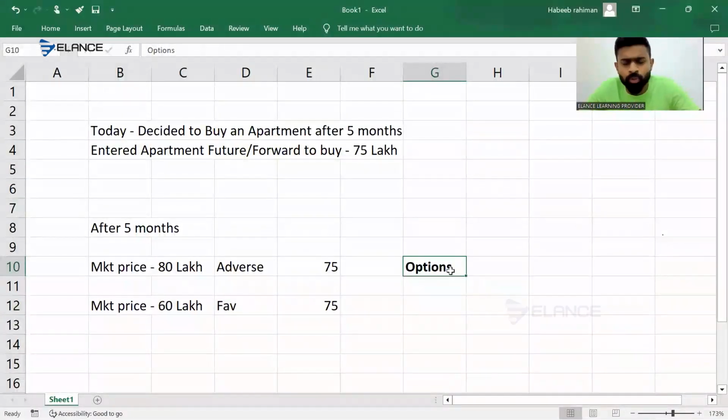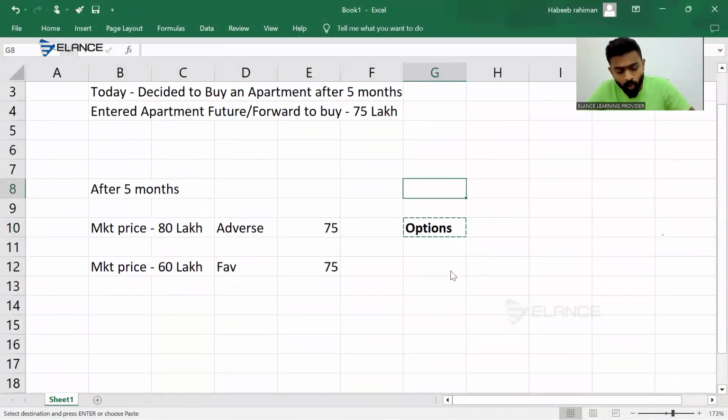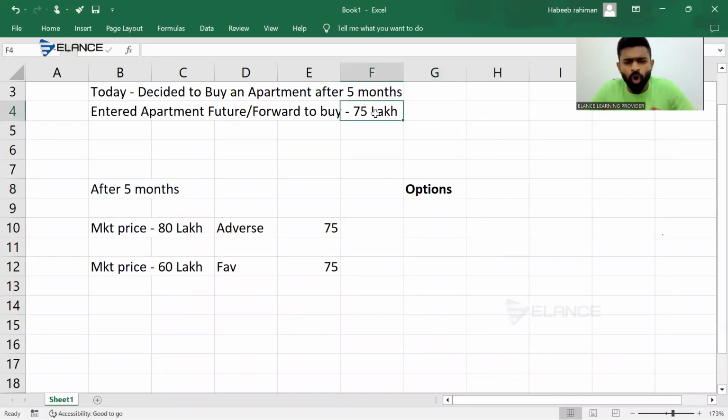please do listen. I'm going to explain what options contracts are. In options, we are not locking the rate. We have flexibility. See, in options, the 75 means if we have decided to buy, we can buy at 75. There is no compulsion to fulfill the contract. Looking at this price for options, this price is said to be the exercise price.